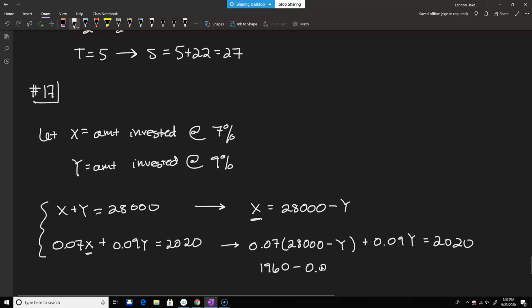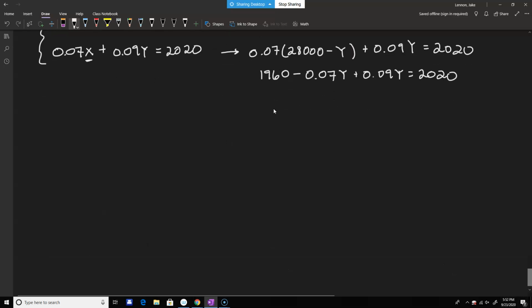minus 0.07y plus 0.09y equals 2020. So we can combine the 0.07y and the 0.09y. That's going to come out to 0.02y.